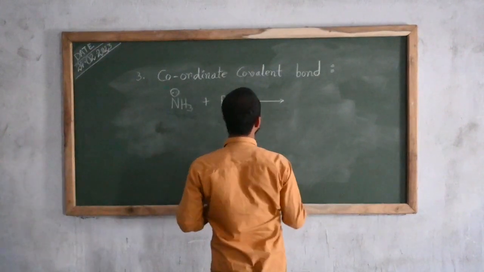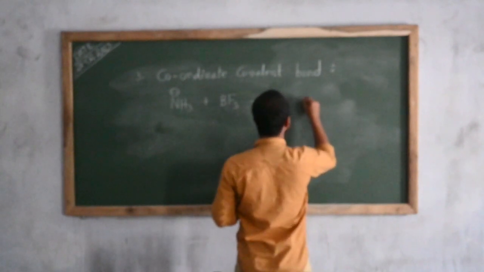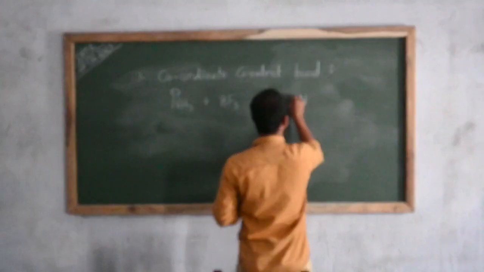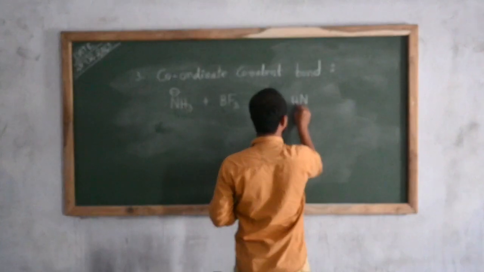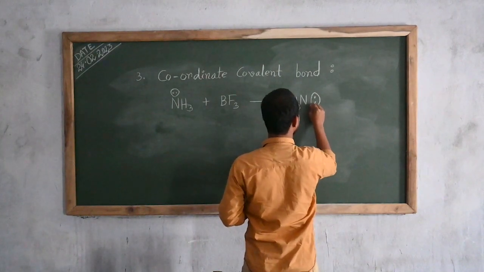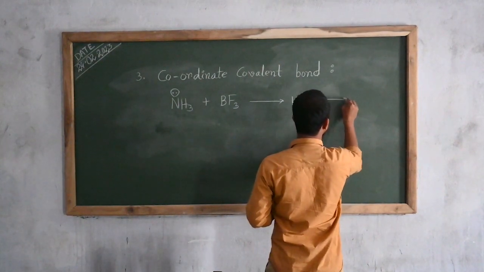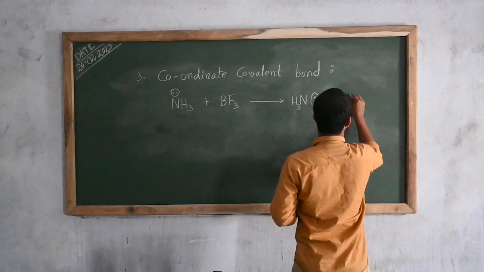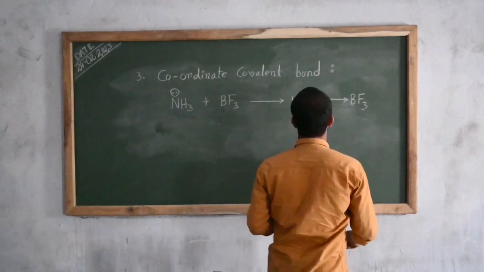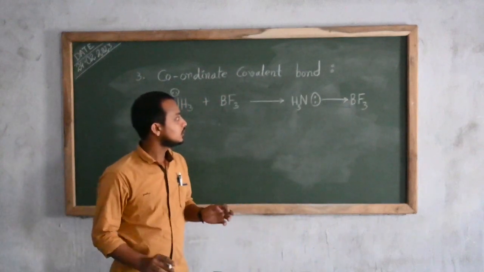They form a new compound by a new bond called a coordinate covalent bond.